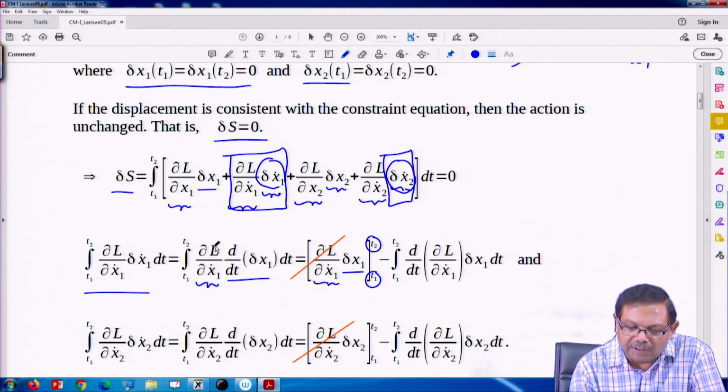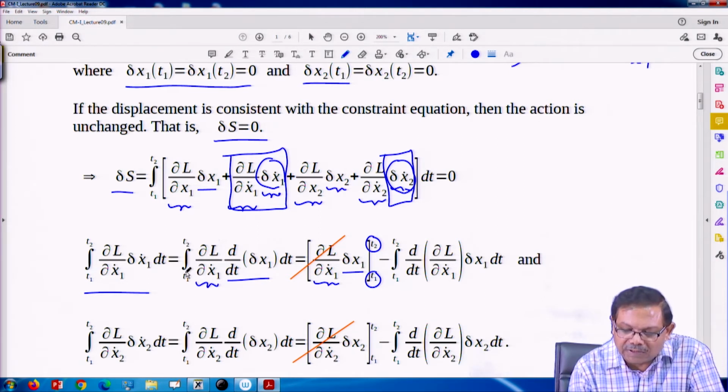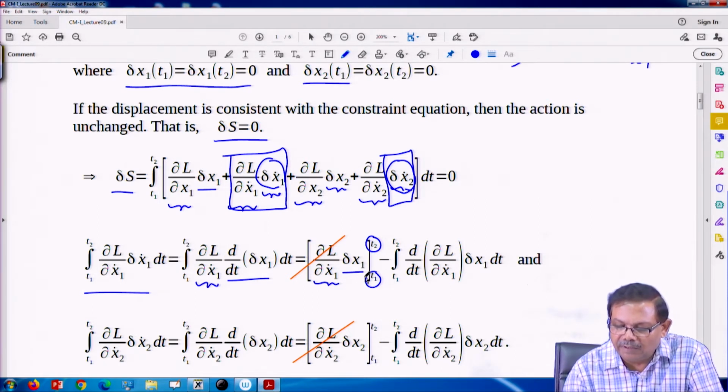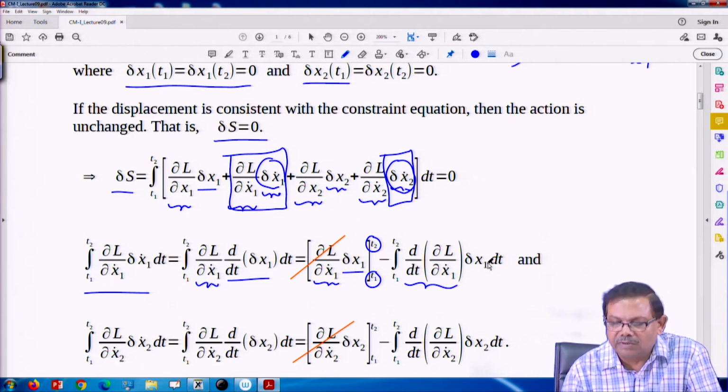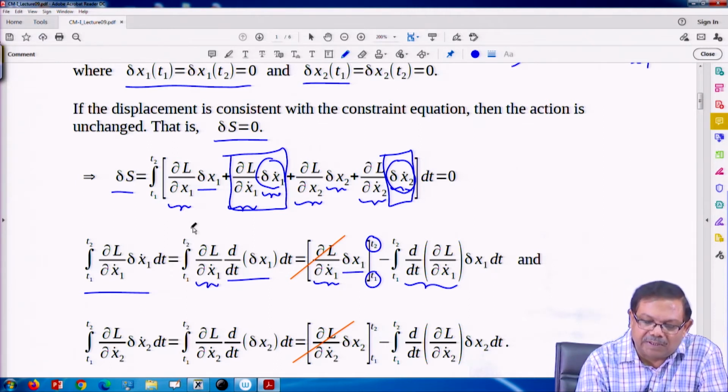Now, there would be the derivative of the first term, which has remained constant while finding out the first part. So, now d dt of that, and the part that is integrated, delta x 1, comes here, and dt. So, that is the integration by parts for this term.